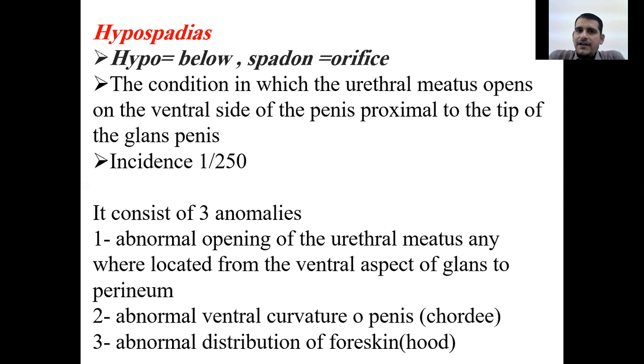The condition in which the urethral meatus, or external urethral meatus, opens on the ventral side of the penis, proximal to the tip of the glans penis. So it is below its normal position.